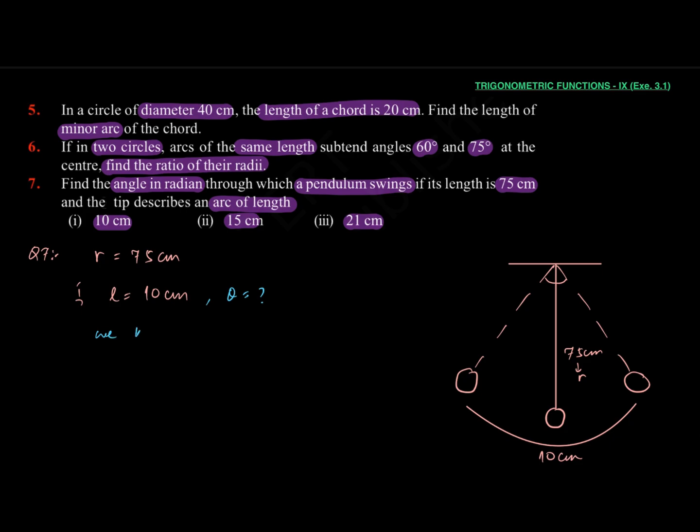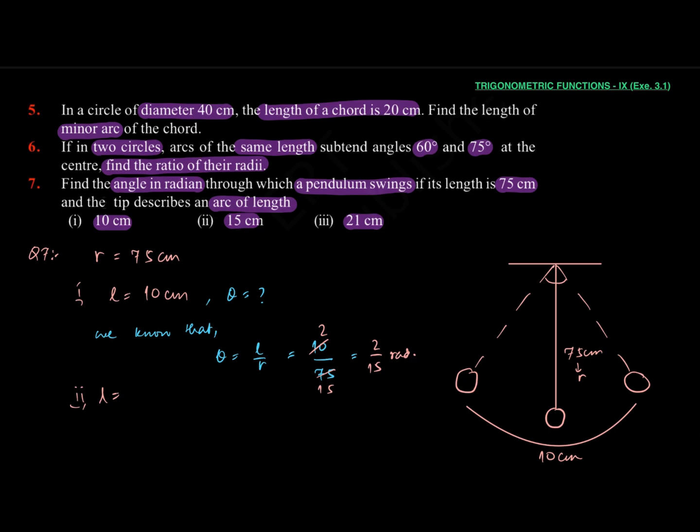We know that theta is equal to L over R. So here in this case, L is 10 centimeter and R is 75 centimeter. This will be 5 times 2 is 10, 5 times 15 is 75. So this will be equal to 2 over 15 radians.